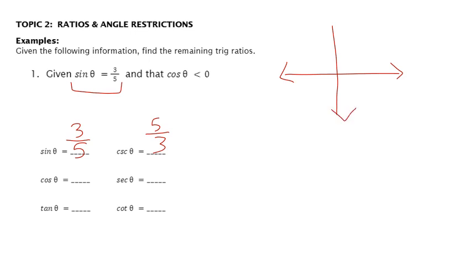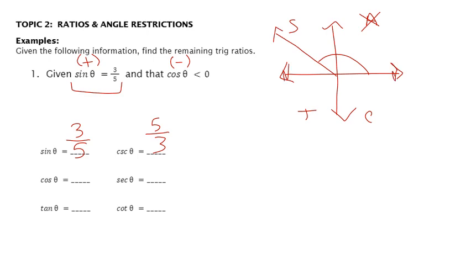All right, so we know that in this case, they tell us cosine is negative, right? So we know that our sine is positive, but cosine is negative, so they're different signs, so we know it can't be in quadrant 1. And so it actually is going to be living in quadrant 2 because sine is positive.